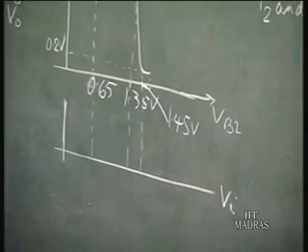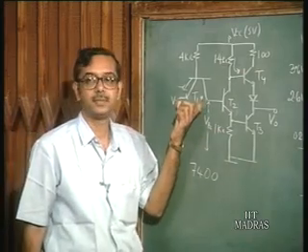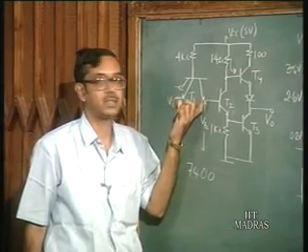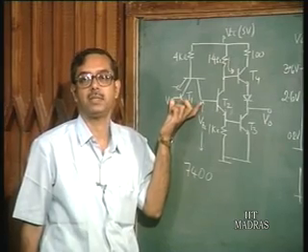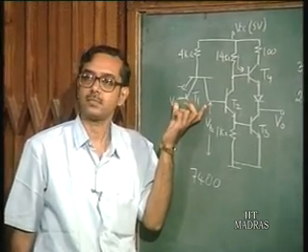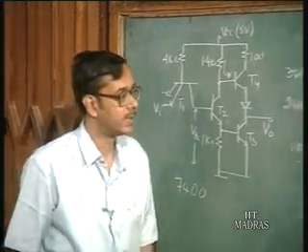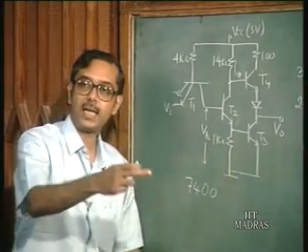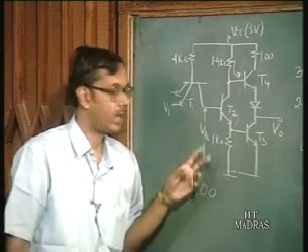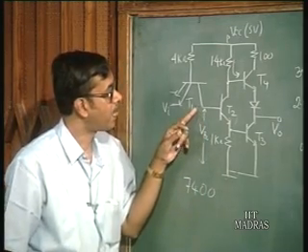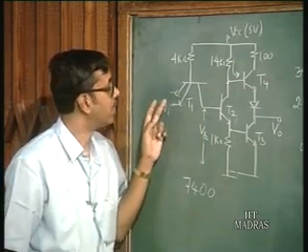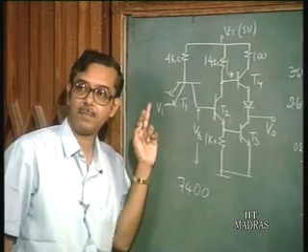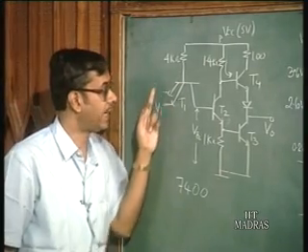Basically we have to understand the state of this transistor T1, that is the multi emitter transistor here. Now when Vi is quite large, I mean the input voltage is quite high, what is the state of this transistor?